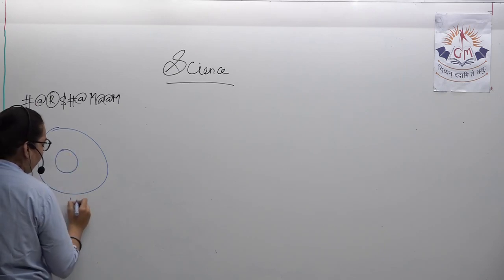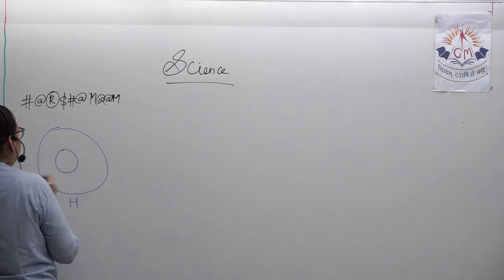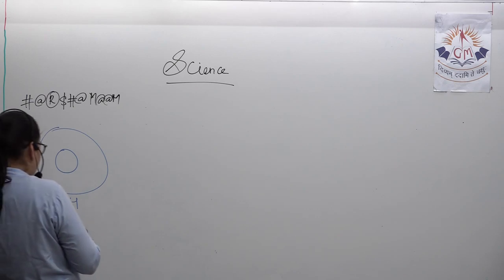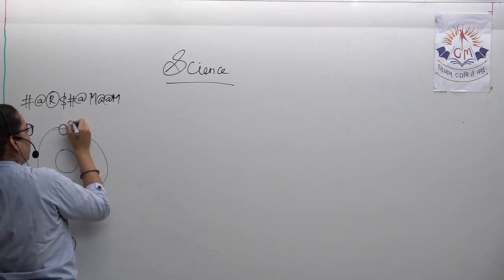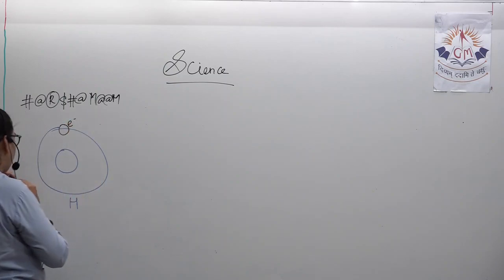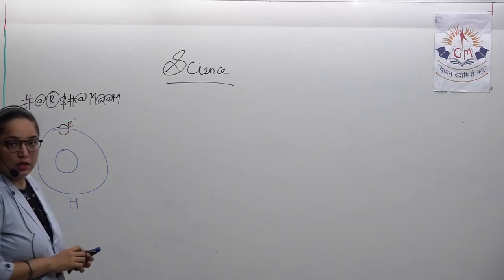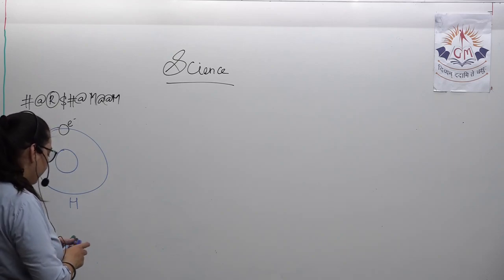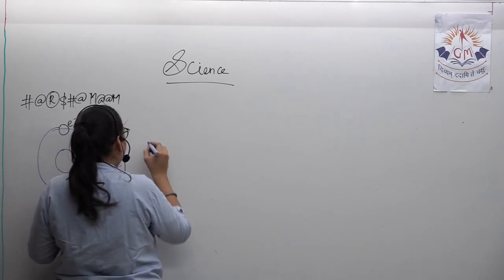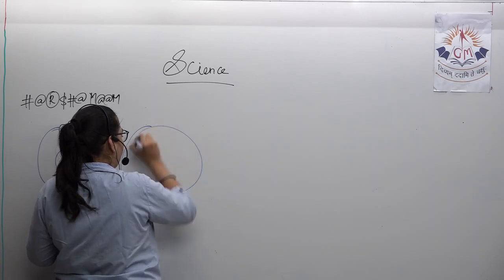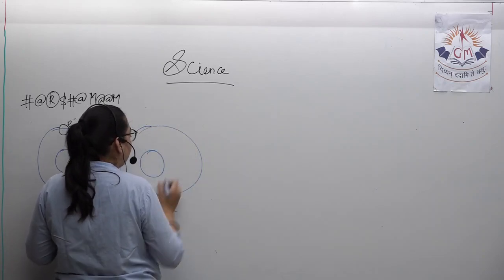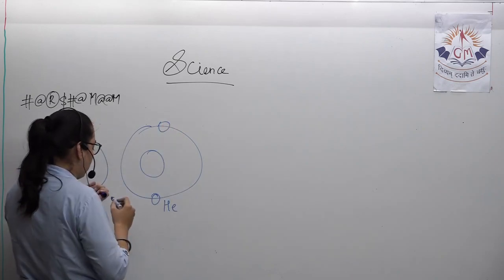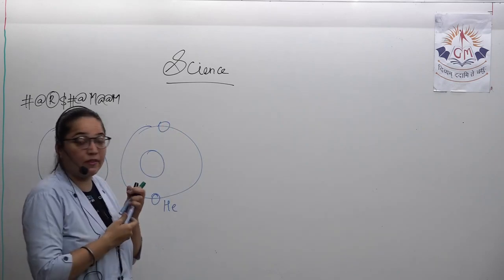Hydrogen is having only one nucleus, one electron in its outermost orbit, so it's having just one electron. Atomic number 1, so number of electrons 1. Helium, atomic number 2, so number of electrons it is having is 2.